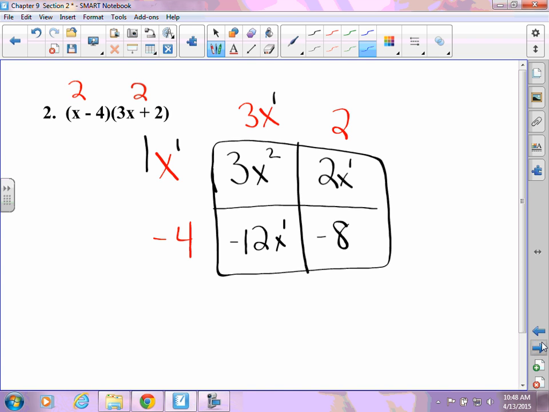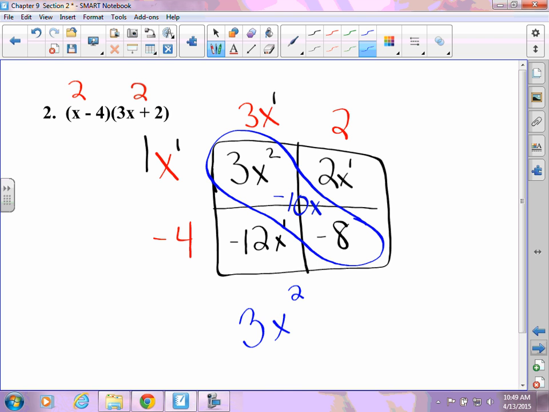So it's negative 10x. So we got to combine like terms. Now, you'll notice that the negative 8, is there another constant term out there? There is not. So my answer is right there. So I end up with 3x squared minus 10x minus 8.